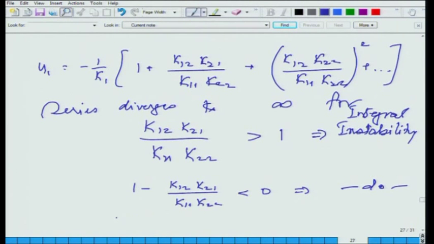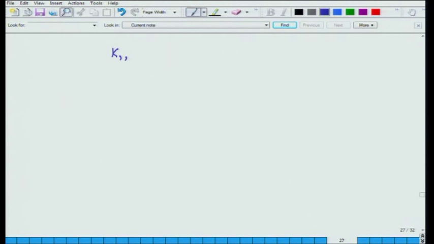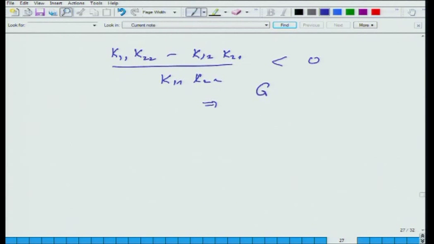And what that means is, if I solve this further, k11 k22 minus k12 k21 divided by k11 k22 less than 0 implies guaranteed integral instability.